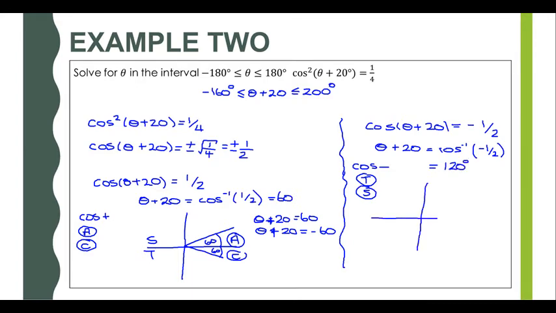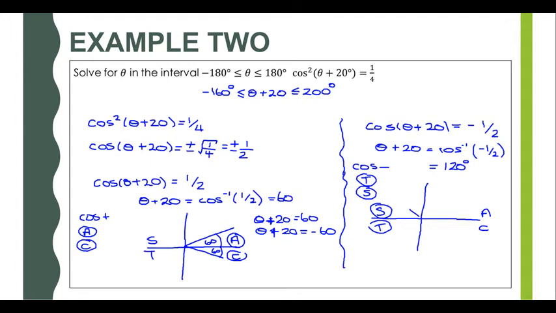Again, if I draw my CAST diagram, the two sections I'm interested in are the sine and tan. And if I travel 120 degrees clockwise, I reach the sine section, and if I travel 120 degrees anti-clockwise from the zero line, I also reach the tan section there.